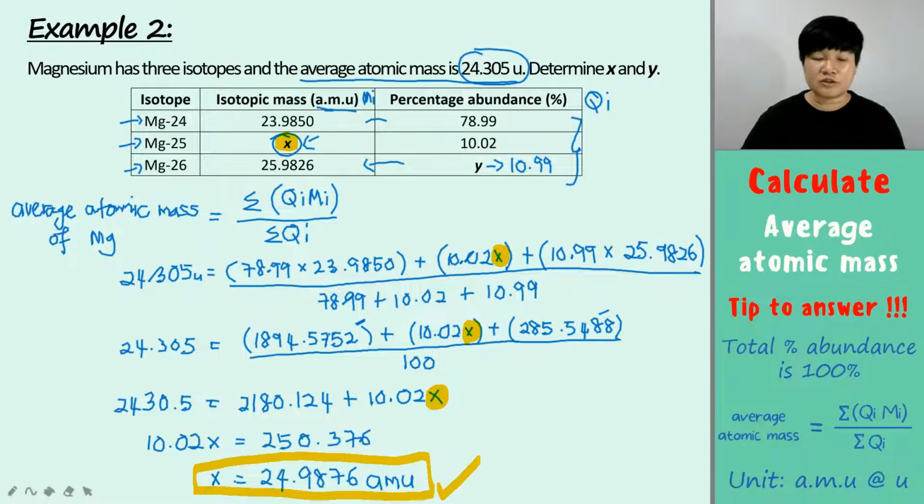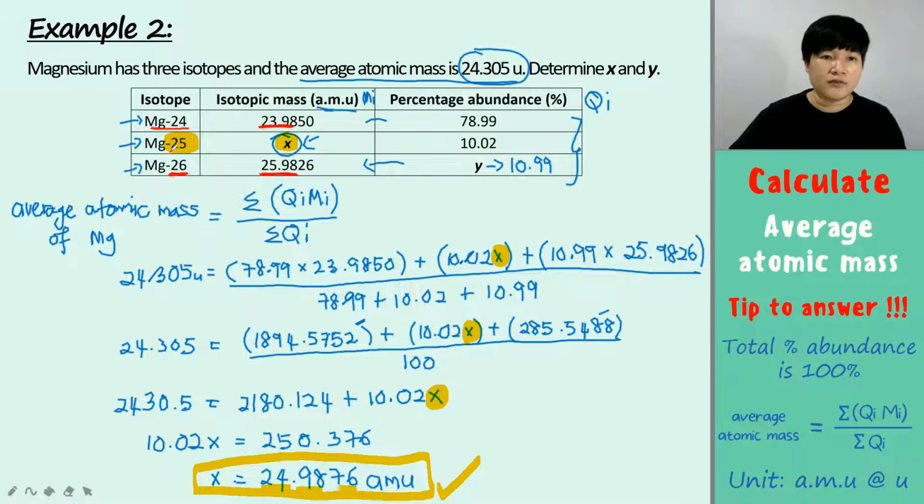And this answer is correct and makes sense. Why? Because the value that you calculated for the x is 24.9876, which is close enough to magnesium 25. I hope you realize that when the isotope is magnesium 24, the isotopic mass should be close enough to 24. When it is the magnesium 26 isotope, the isotopic mass should be close enough to 26.